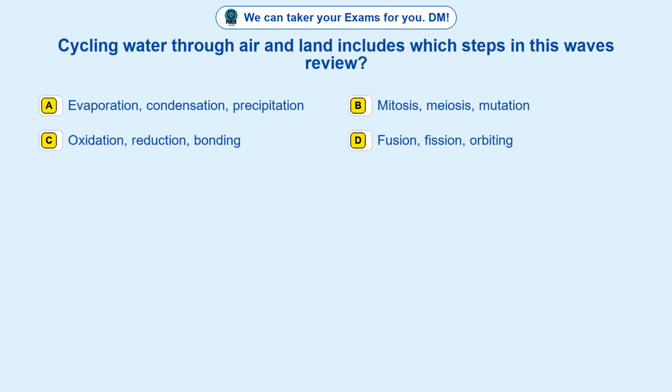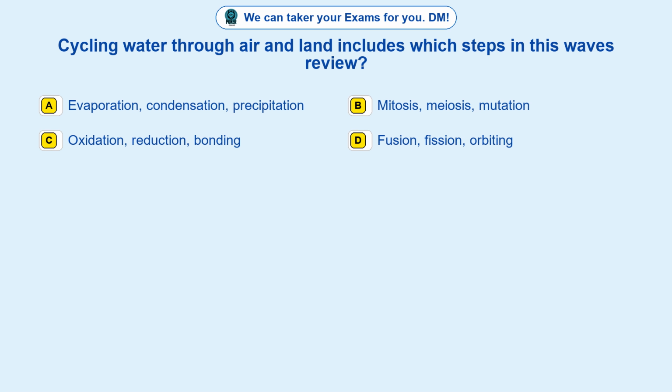Question 87. Cycling water through air and land includes which steps in this waves review? Option A, evaporation, condensation, precipitation. Option B, mitosis, meiosis, mutation. Option C, oxidation, reduction, bonding. Option D, fusion, fission, orbiting.